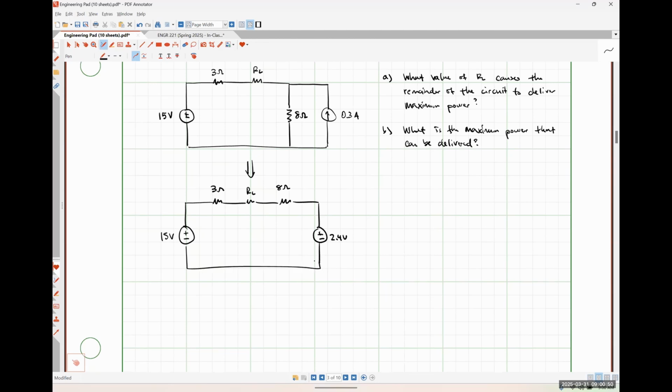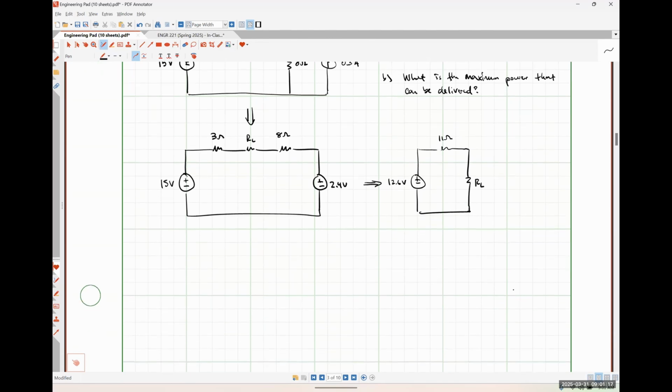So these two voltage sources are of opposite polarity, so they would subtract. So 12.6, I believe, is what you said. And then 3 ohms and 8 ohms are now in series. So this would look like 12.6 volts in series with 11 ohms in series with our load resistor RL.